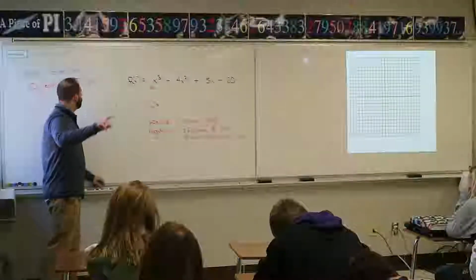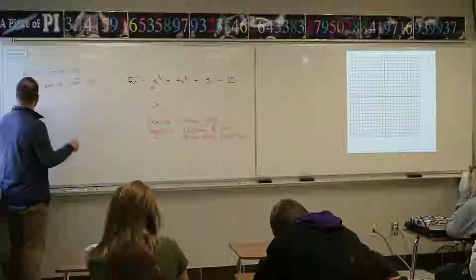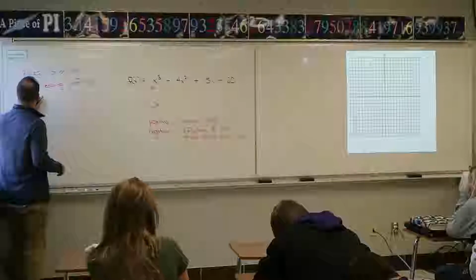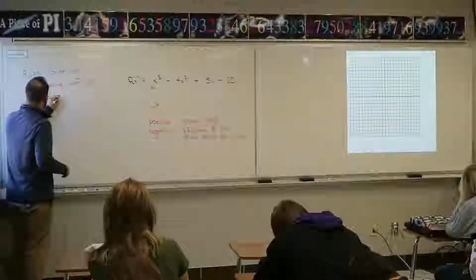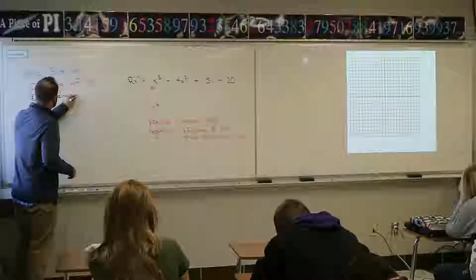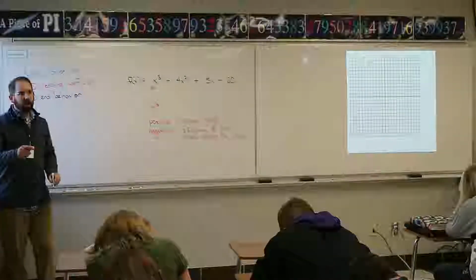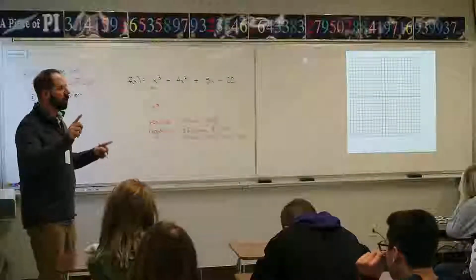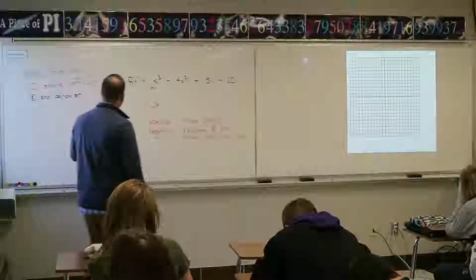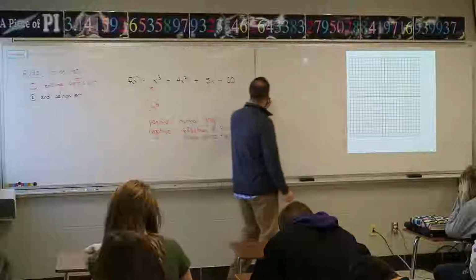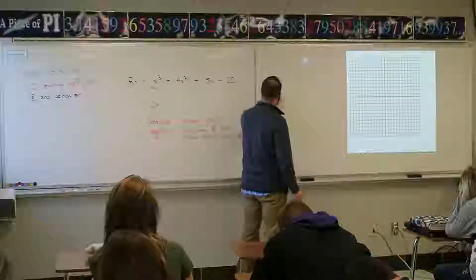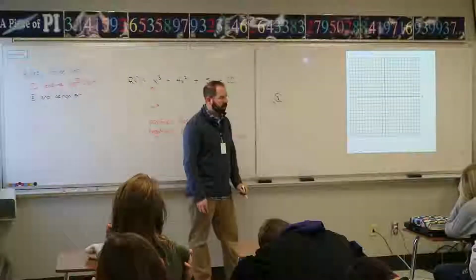Okay, the second rule, number 2. End behavior. On end behavior, you're looking at where the tails are going on the outside of my graph. So, what you look at is the highest degree term, like this is the highest degree item. Now we're looking at the power of it.